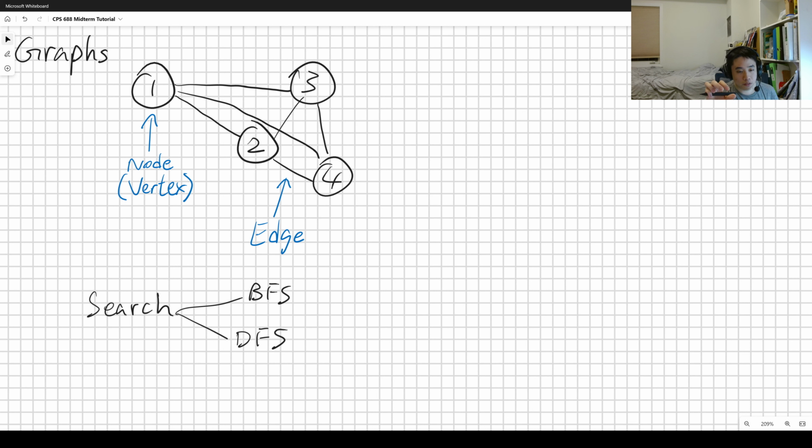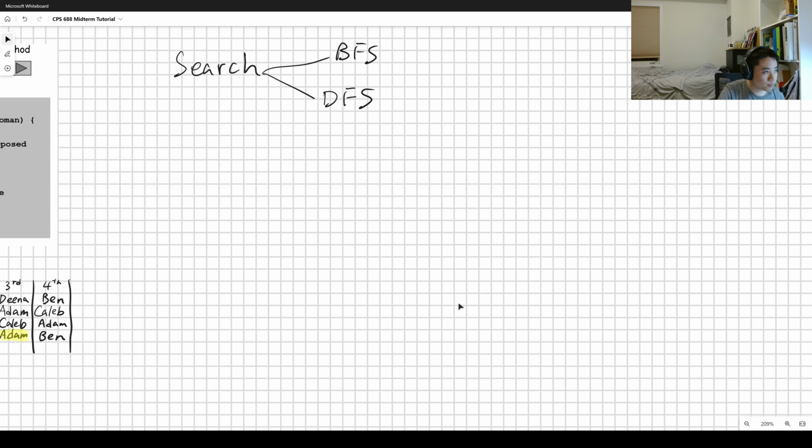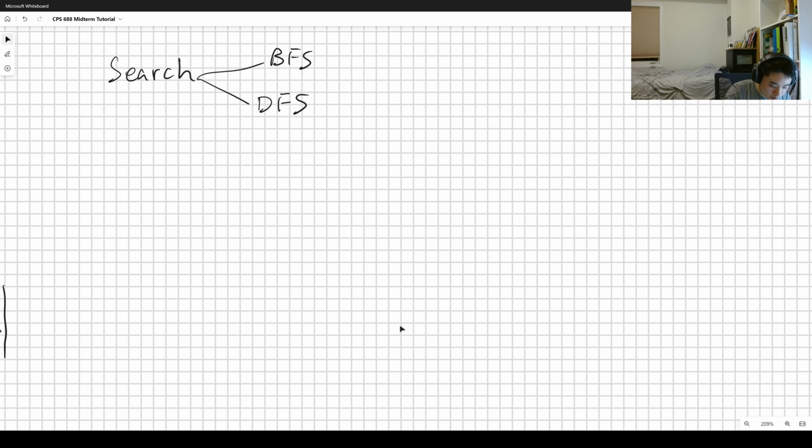you're going through the nodes one layer at a time. So for example, let me write down BFS, and I'm gonna scroll down here. I'm gonna start by splitting my random graph into layers, and I'm going to make a new one.